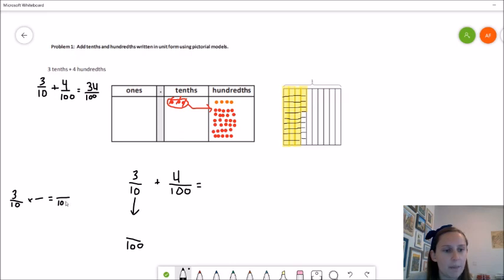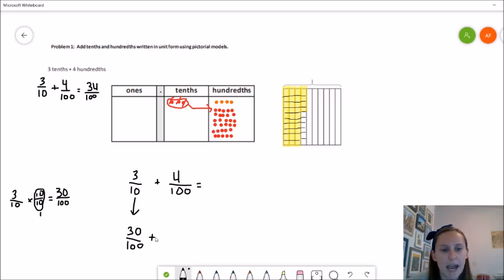So I know that for my denominator, 10 times 10 would give me 100, which means that I also need to multiply my numerator by 10, because that would give us a fraction equal to 1 whole, and anything times 1 is itself. 3 times 10 gives me 30 for my numerator. So 3/10 is equal to 30 hundredths.